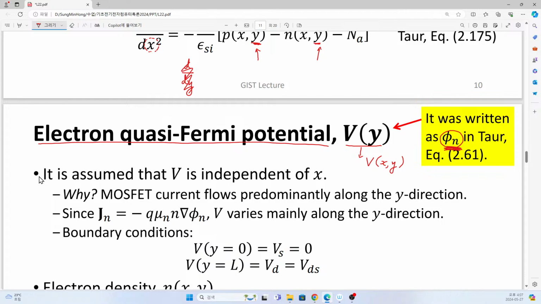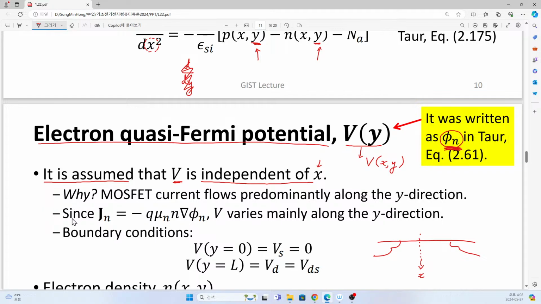However, please have a look at this line. It is assumed that V, the electron quasi-Fermi potential, is independent of x, not y, but x. In the vertical direction, V is independent. It means that when we draw our MOSFET in this way, along the x direction, the quasi-Fermi potential is almost constant.